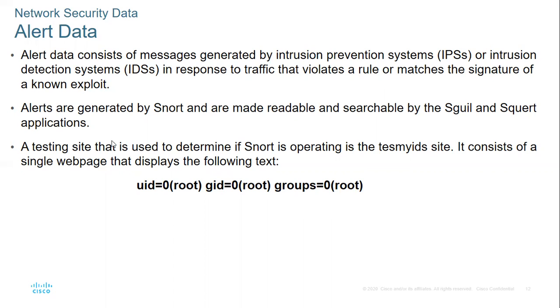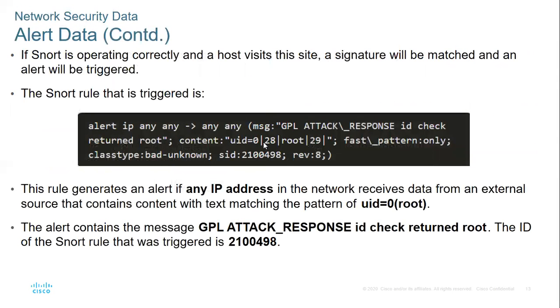There is a testing site that is used to determine if Snort is operating, the test my IDS site. It consists of a single web page that displays the following text. You can enter this, and the results that you get are going to indicate whether Snort is working properly or not.